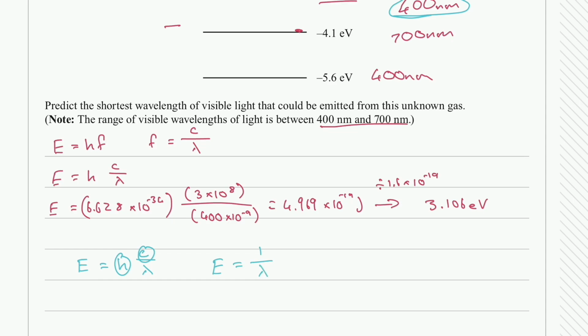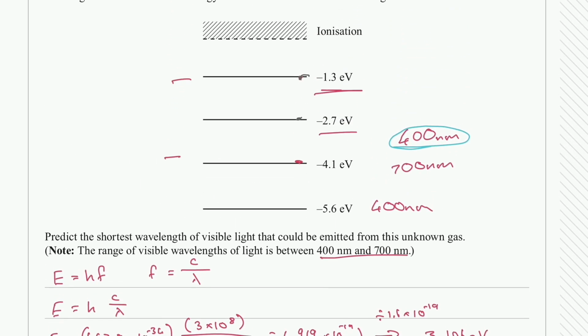If we increase the wavelength, from say 400 to 401, we increase the denominator of our fraction, and if you increase the denominator, you decrease the outcome. So if we go from 400 to 450, we increase the wavelength and, as a result, decrease the energy. So we're looking for something that is either 3.106 electron volts or less than.